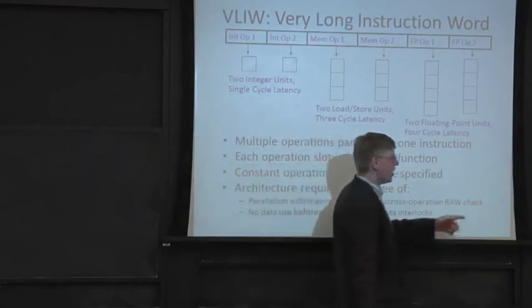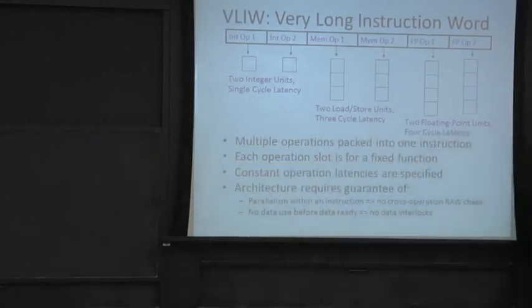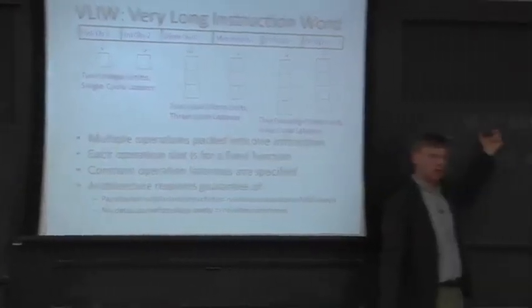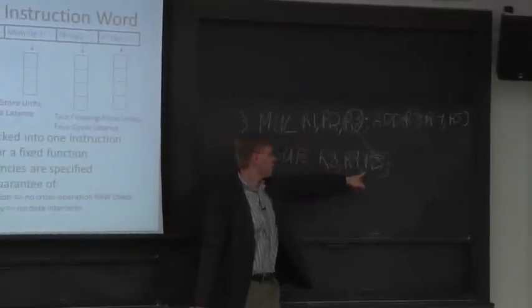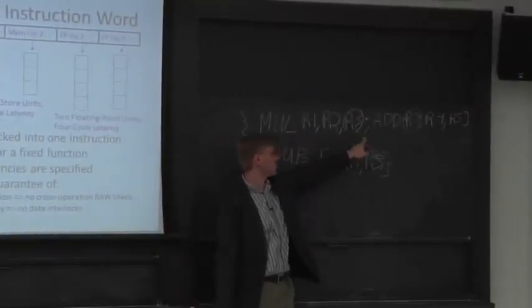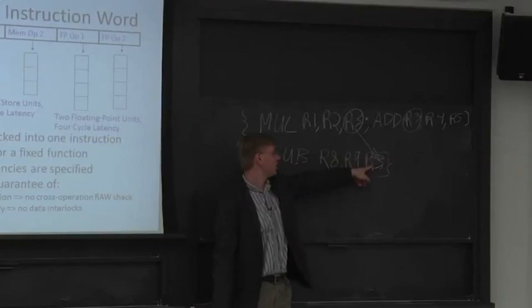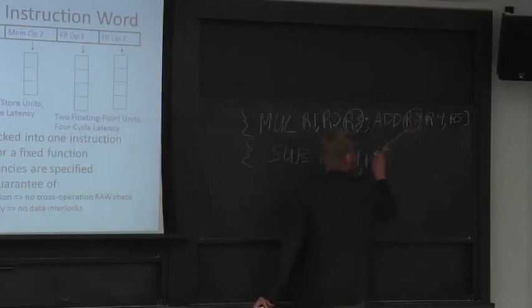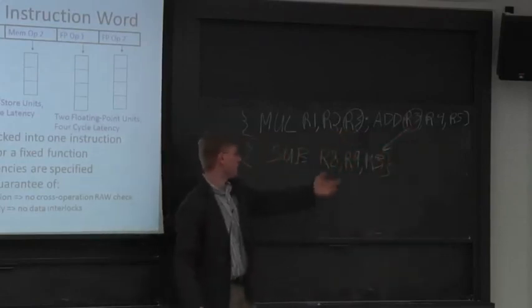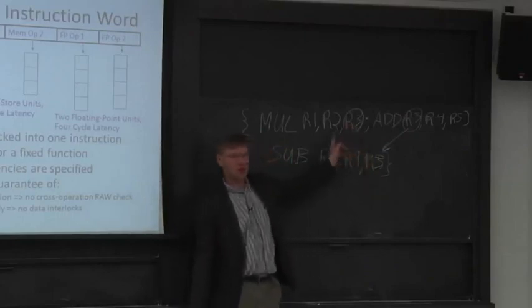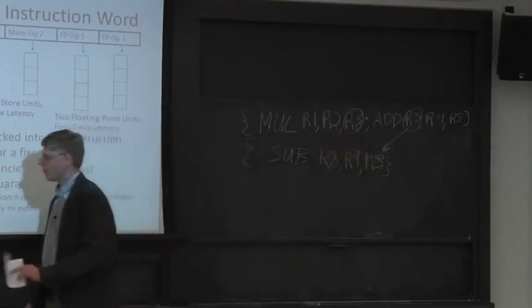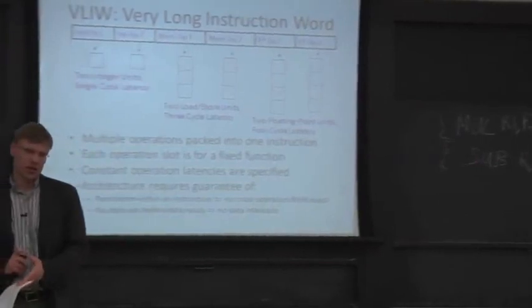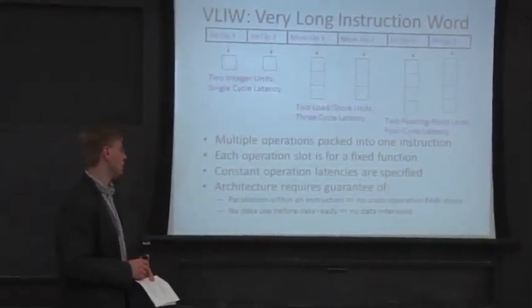Now there's a question of this mul. If this multiply takes multiple cycles, whether this instruction here picks up the result of R3. Or let's say if the add had longer latency, if it doesn't pick that up. And we'll talk about that in a minute. There's two different choices there in VLIW designs.